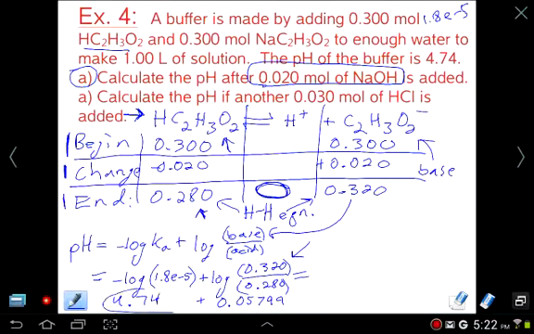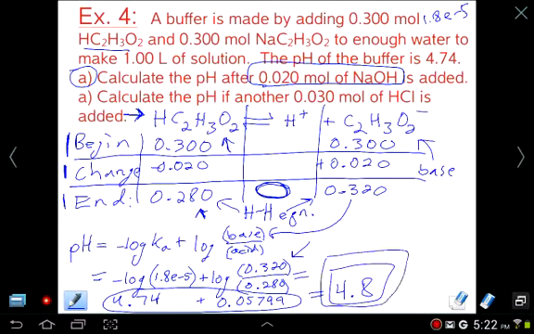Add these two together and you get yourself 4.8. Notice our pH went up slightly from 4.74 up to 4.8, which means our buffer is working effectively. So this is from adding a little bit of base.